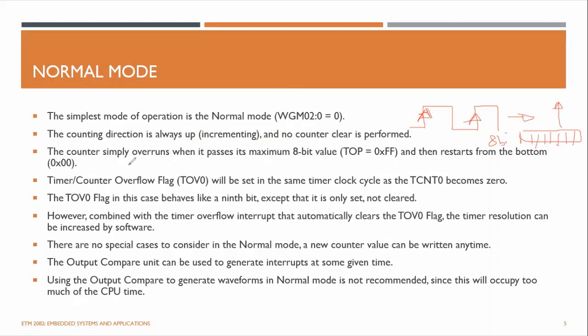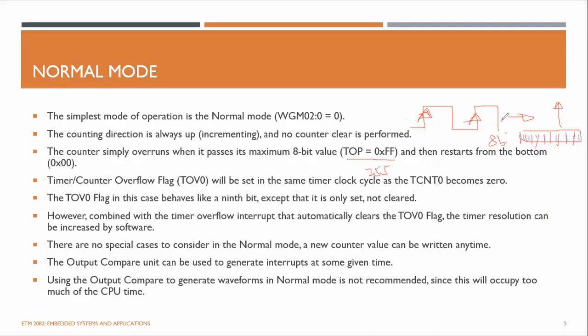As you know, the timer simply overruns when it passes the maximum value. The maximum value is 255, so after 255 pulses the register will be all ones, right?